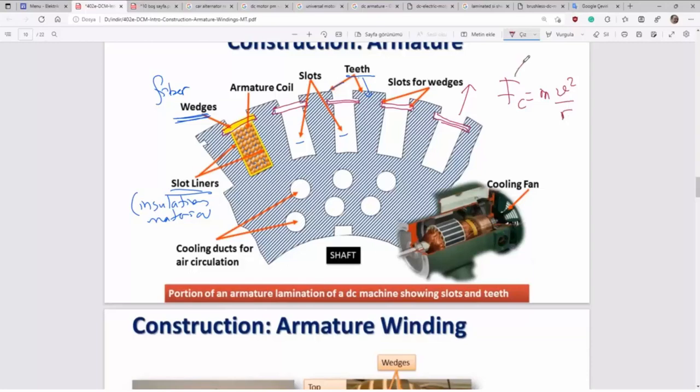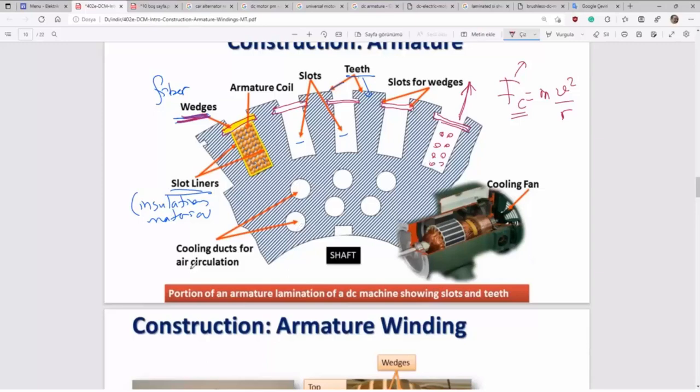Those conductors are forced by centrifugal forces. They want to be out of the slot, so we use wedges to keep all those conductors in the slot.